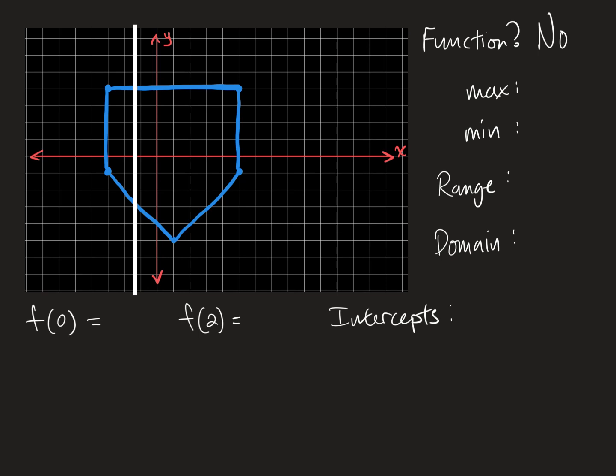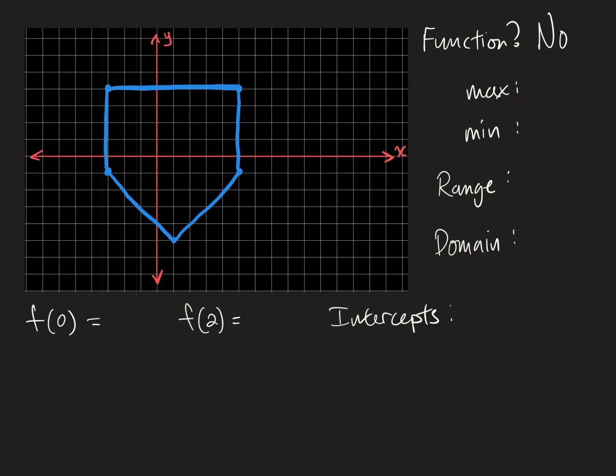So that actually limits us on a few things we can describe about this graph. But everything here we can describe even though it's still not a function. So let me get this line out of here. The first of which is we can describe the maximum of this graph. Now the maximum just means the highest point.